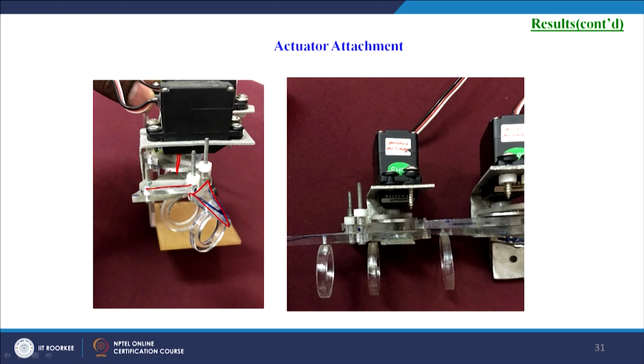Then this 4 bar mechanism, that is, this is the distal 4 bar mechanism, it is placed just above the coupler of the previous 4 bar mechanism. That is, if this is the distal 4 bar mechanism, then this 4 bar mechanism is placed on the coupler of the middle 4 bar mechanism.